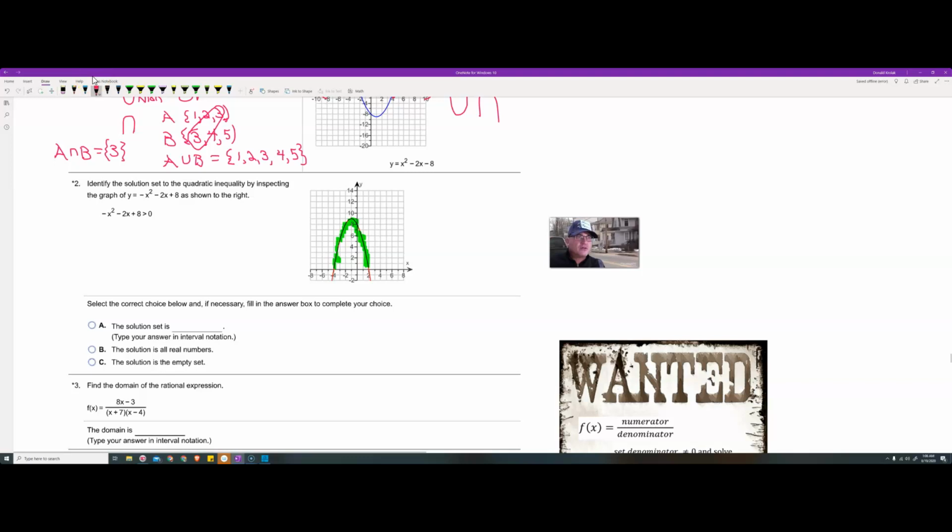So the interval that defines that section runs from -4 up to 2. Now this doesn't have an equals on it, so I'm going to write parentheses -4 and 2. And that's any number between those two, the graph is going to be greater than 0.